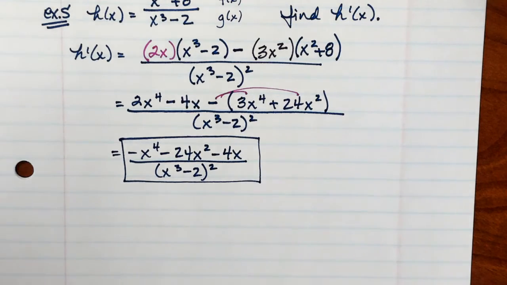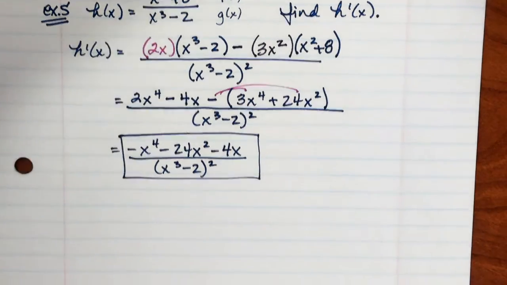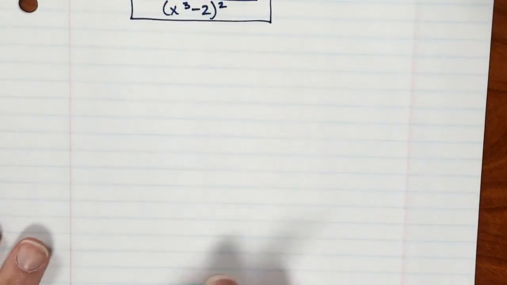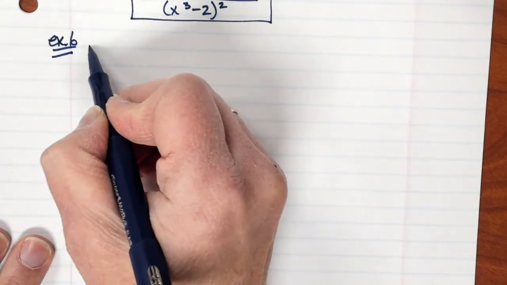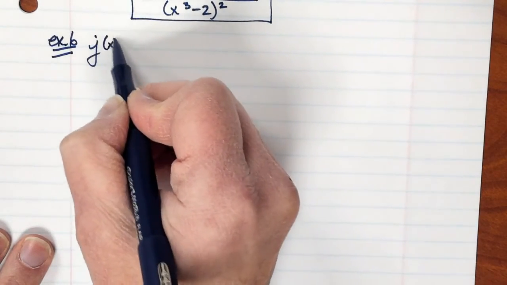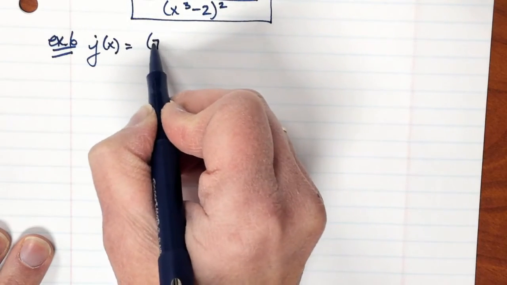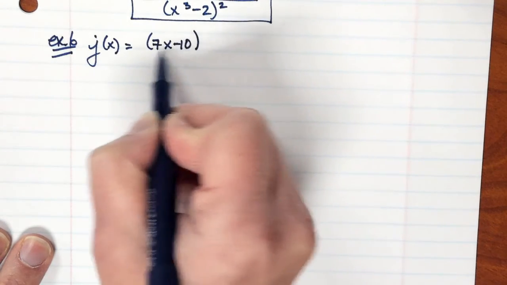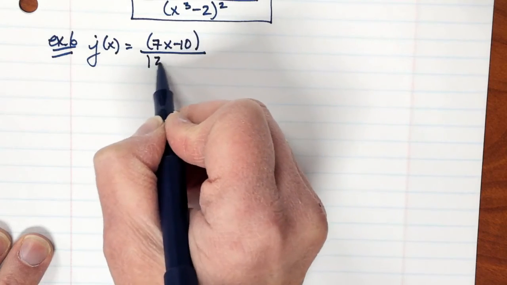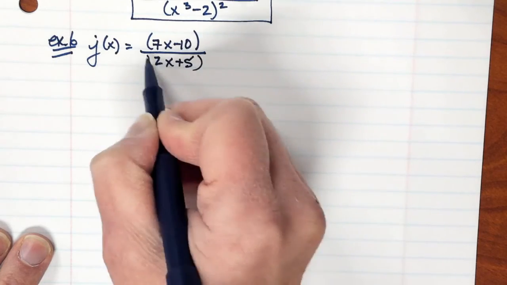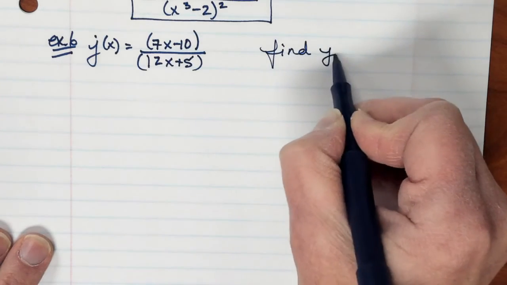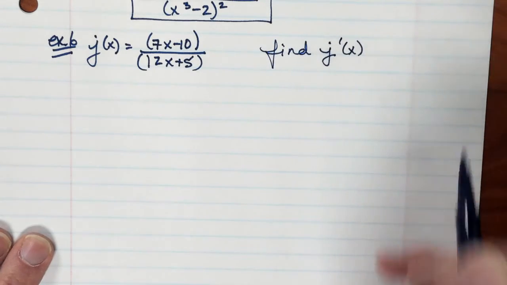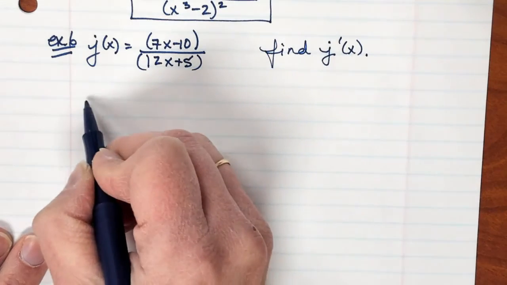Okay? Just for grins, let's quickly do one more. And so you have example 6. We're going to play with function j. We're going to have 7x minus 10 over 12x plus 5. And I'd like you to find the derivative of function j. All right, here we go.